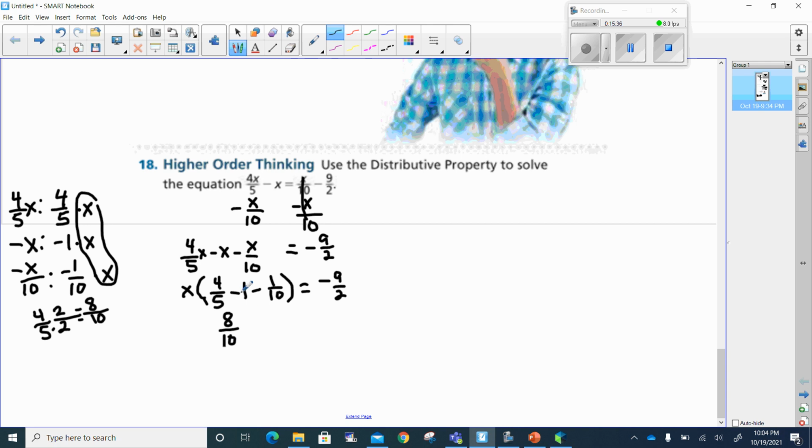Then we have negative 1. If I multiply negative 1, which would be negative 1 over 1, times 10 over 10, that's the only way to get 10 on the bottom, that's going to give me a negative 10 over 10. So we're going to put minus 10 over 10.